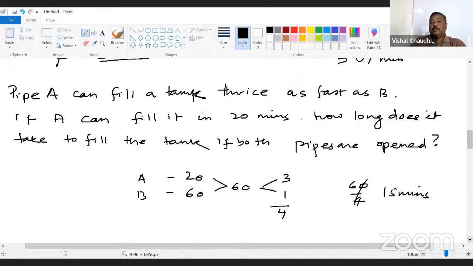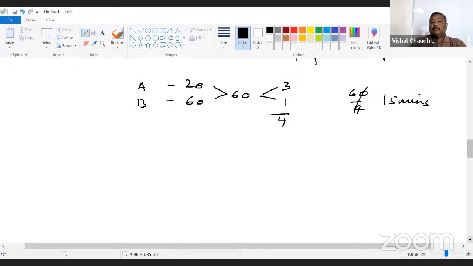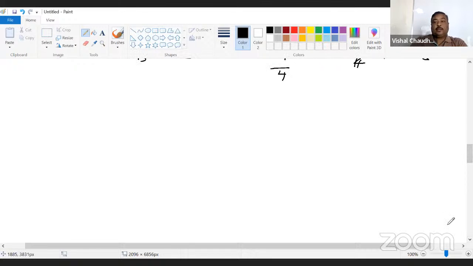चलिए आगे देखिए. Tap A can fill a tank in 6 hours.